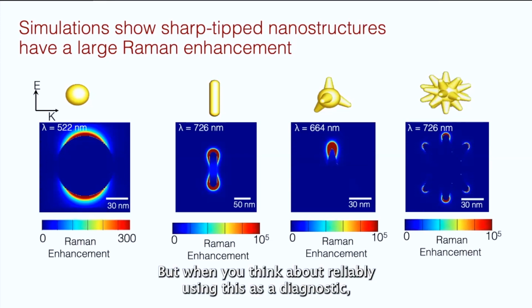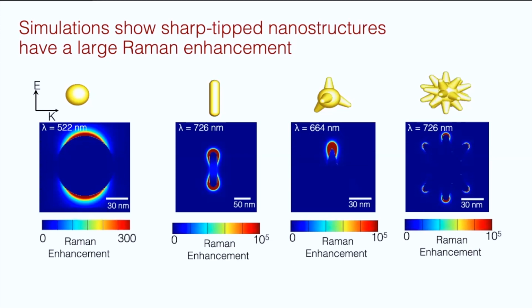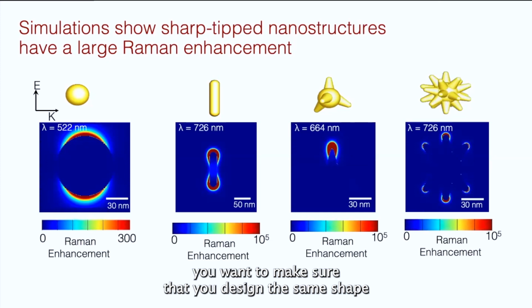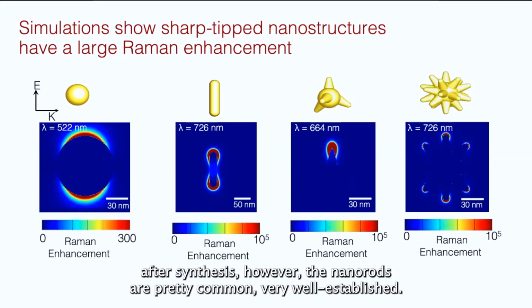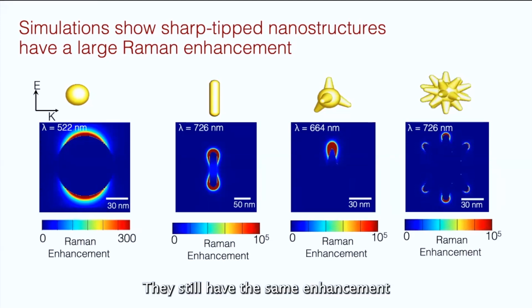But when you think about reliably using this as a diagnostic, you want to make sure that you get the same shape every time you do the synthesis. And these unique star-shaped ones are very difficult to reproduce synthesis after synthesis. However, nanorods are pretty common and very well established. They still have the same enhancement values, but are more reliable in terms of reproducible synthesis.